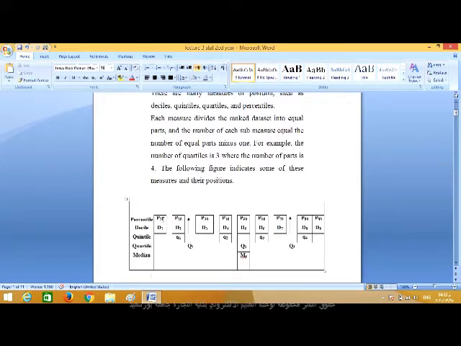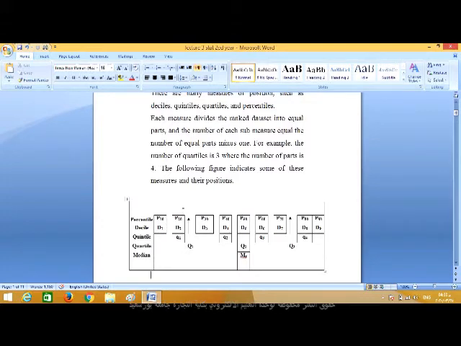So the first percentile divides the data set into two parts. One represents 1% smaller than P1, and the other equals 99% greater than P1, and so on.